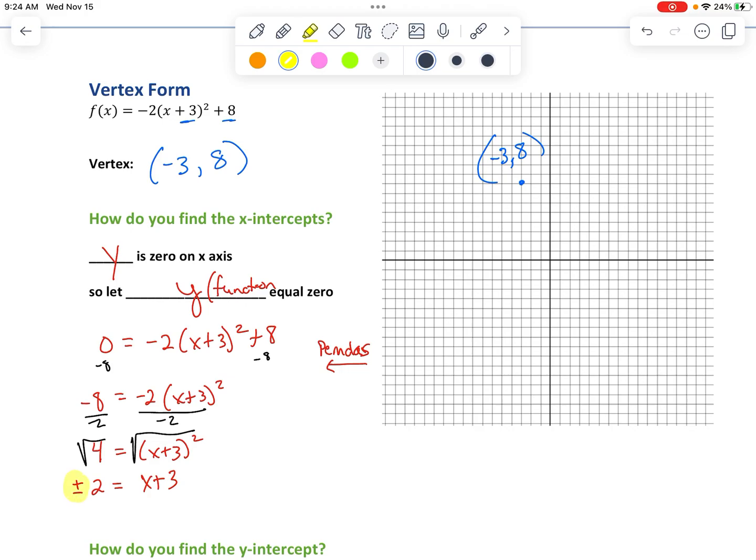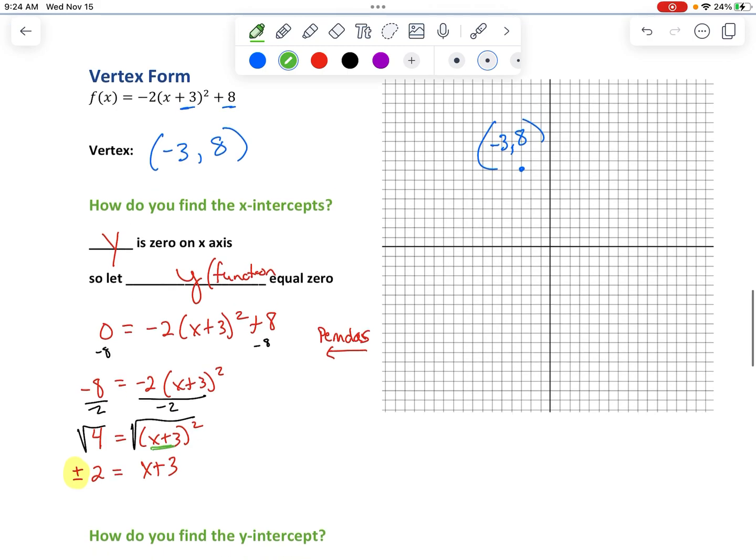And so this is really, really important. The reason why this occurs is because inside here, this value could be a +2, and I could get that 4 when I square it. It could have been a -2, and when I square it, I get that +4. So it didn't matter if that value inside those parentheses was positive or negative. That's why we're saying this part inside could be a +2 or a -2.